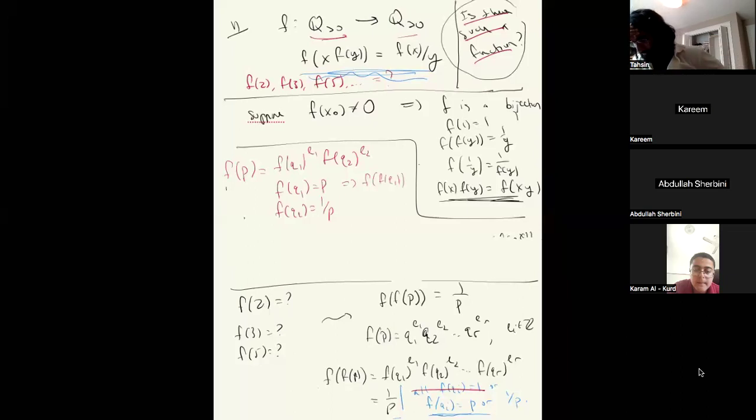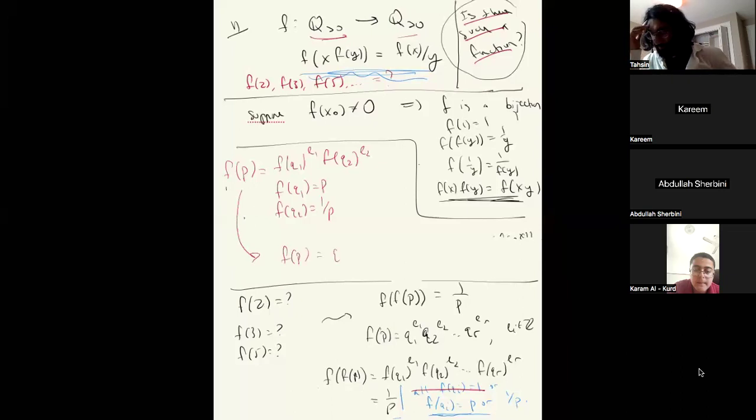But is that okay? How can f of p be a prime when we have the equation where f of xy equals f of x times f of y? You're saying Q1? How can f of P equal a prime?